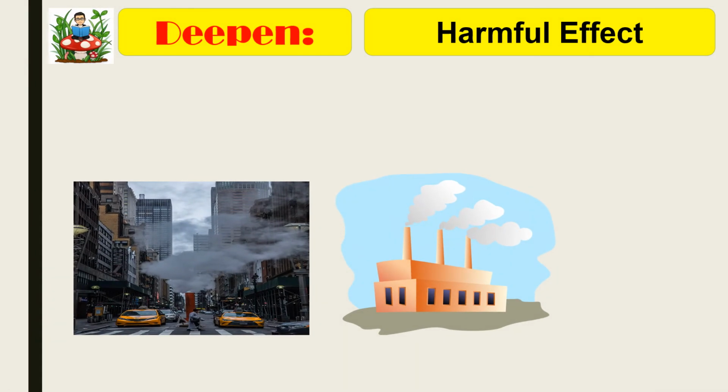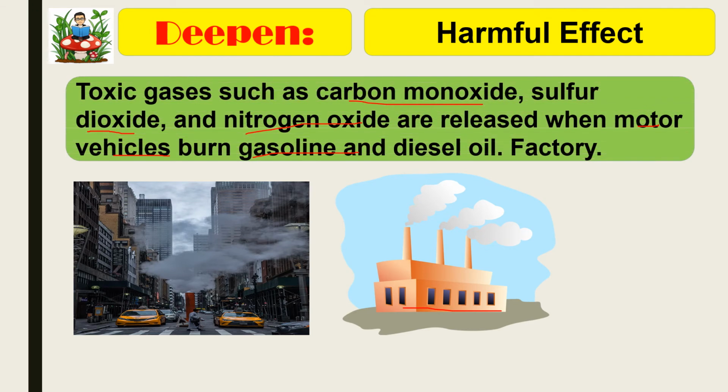Another one comes from factories. Toxic gases such as carbon monoxide, sulfur dioxide, and nitrogen oxide are released when motor vehicles burn gasoline and diesel oil, and in factories. We may not even know what carbon monoxide and sulfur dioxide are.